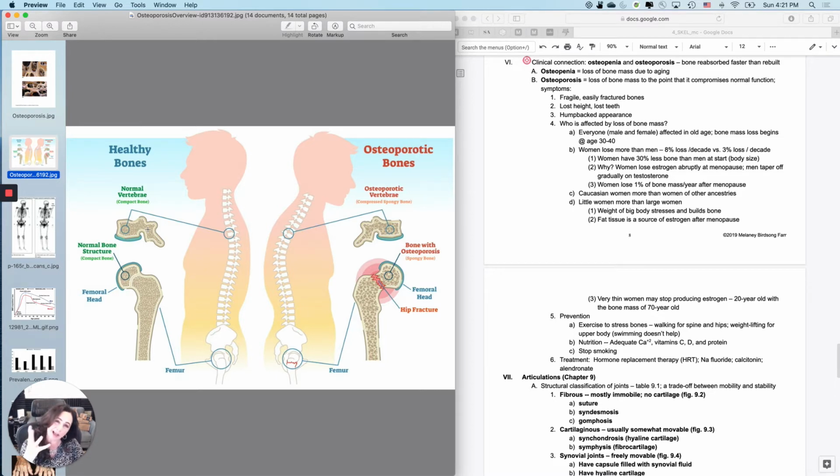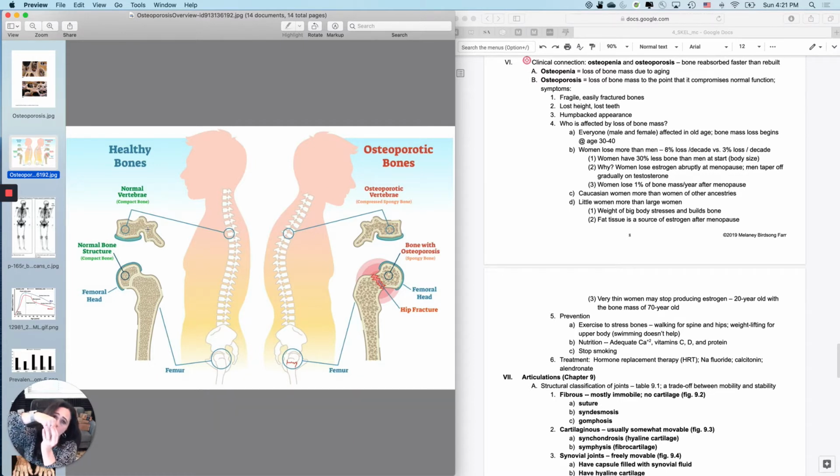Teeth are not bone, they're bone-ish, but really what happens is you should have learned about the sockets that hold your teeth in lab by now. They are little sockets that, so this is a tooth and this would be holding on to the tooth. They're called alveoli, singular is alveolus.